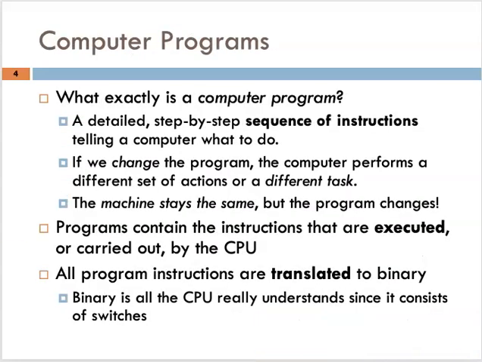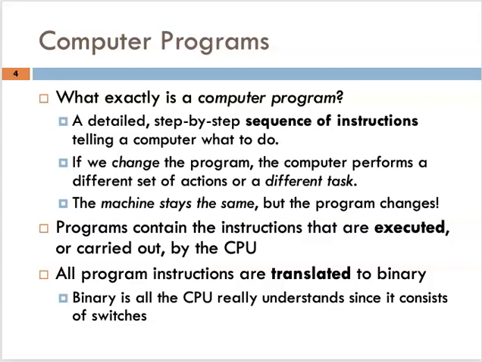So what exactly are these computer programs? Well, a computer program can be thought of as a detailed, step-by-step sequence of instructions that tells a computer what to do. And if we change the program that we ask the computing agent, in this case, the digital machine, the computer, to execute or to carry out, the computer will end up performing a completely different set of actions or completing a different task.